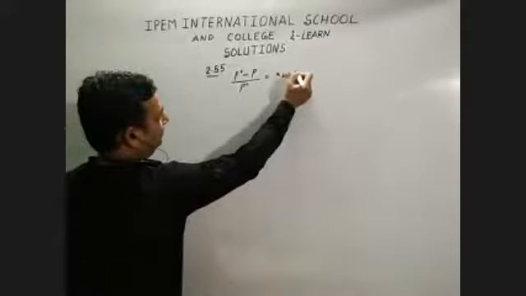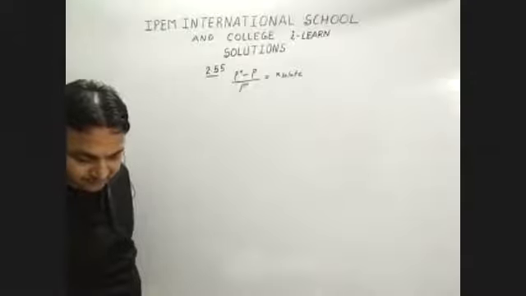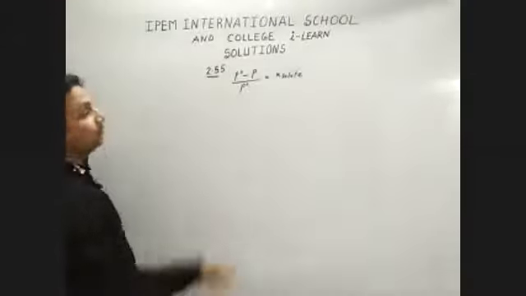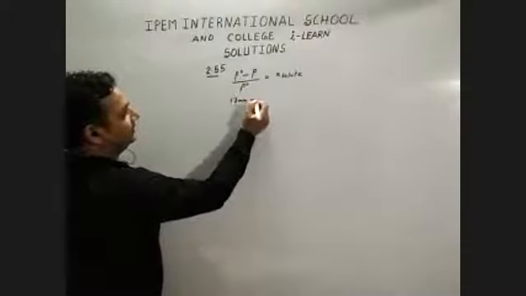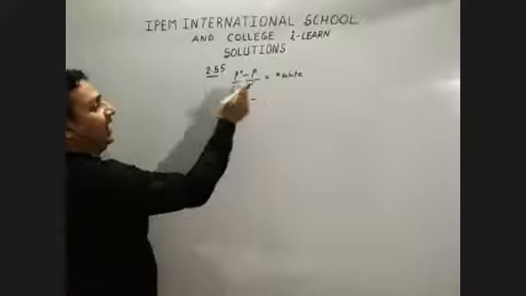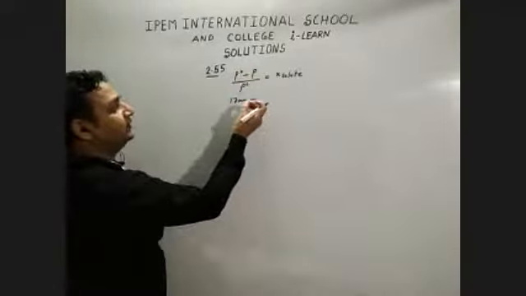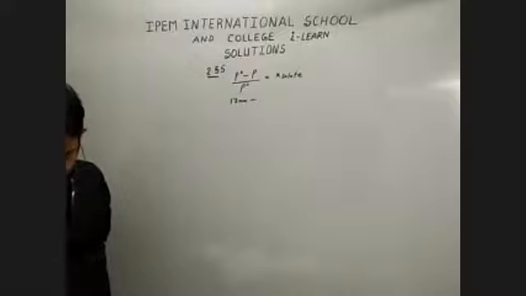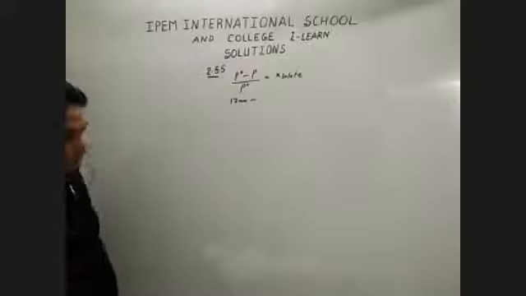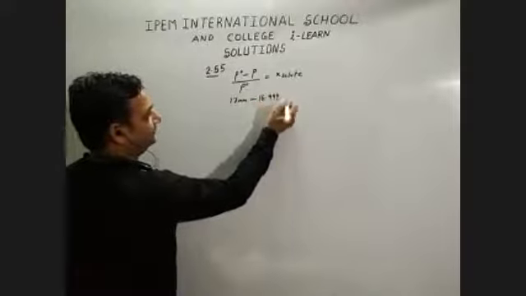Same formula. They said the vapor pressure of water, it means pure solvent, we have 17 mm. And the solution will reduce the vapor pressure by 0.001. So 17 minus 0.001, how much will it be? 16.999.